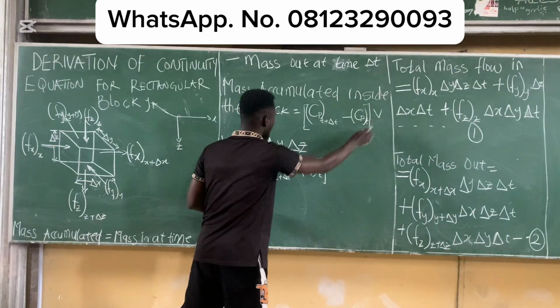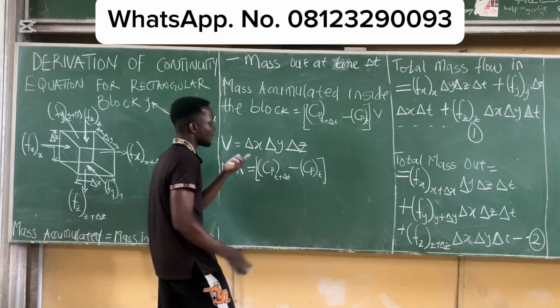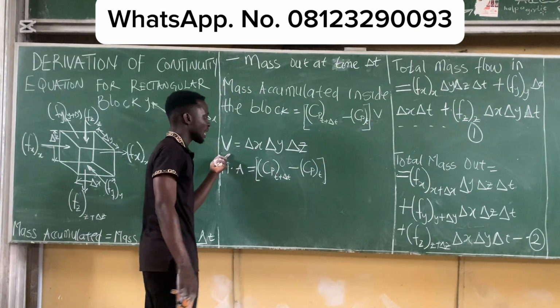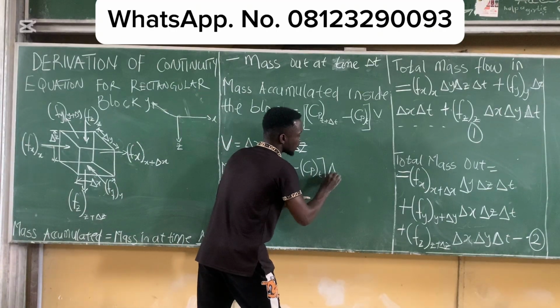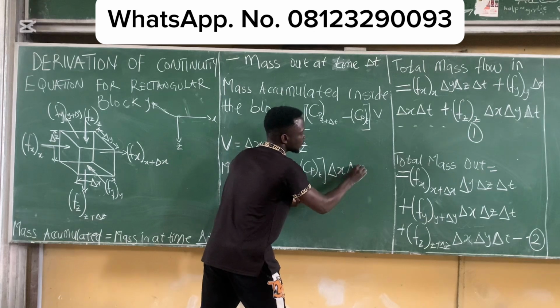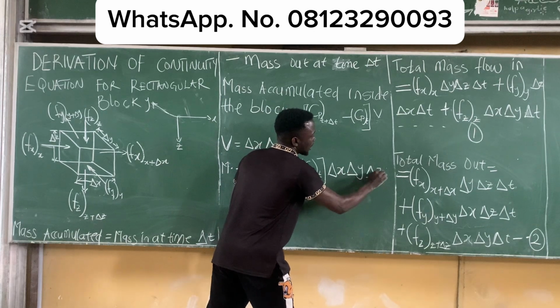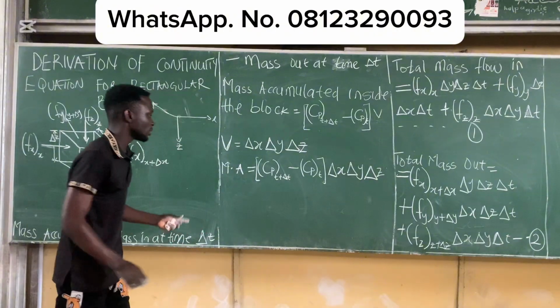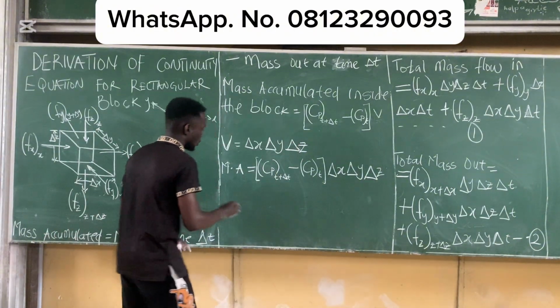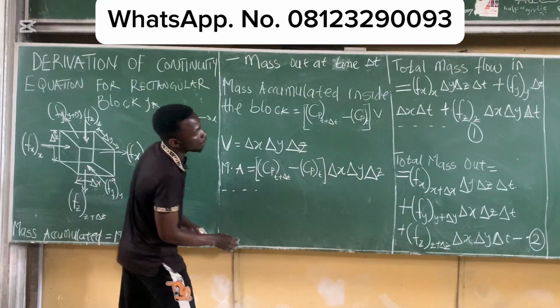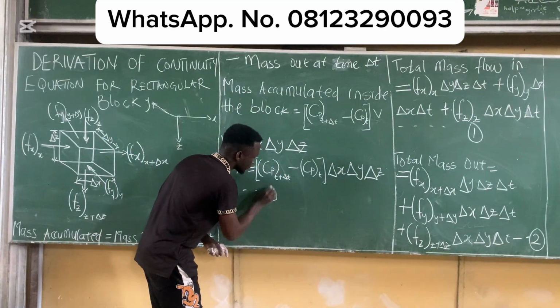Remember, I said V here is volume. So if we multiply by volume, instead of writing volume, you can still say multiply by delta x, delta y, and delta z. So we have this. This becomes what? The mass accumulated inside the block. Let's call this equation 3.